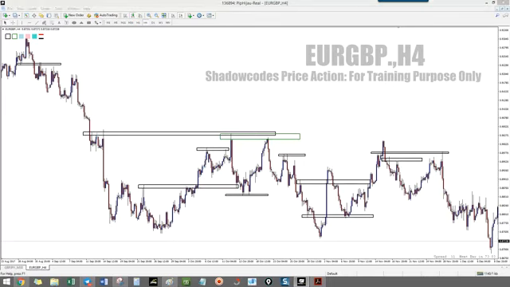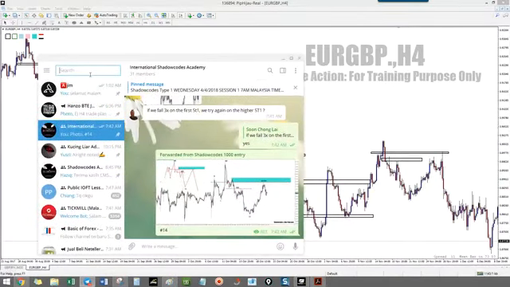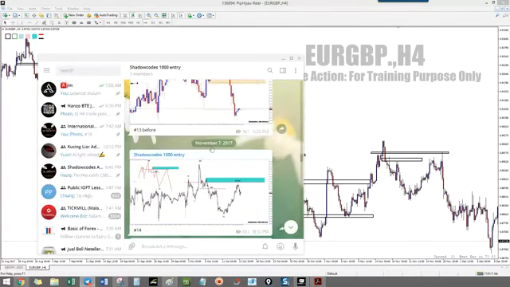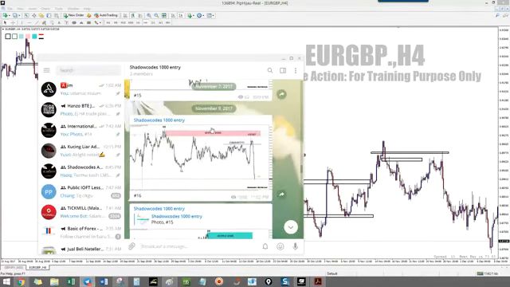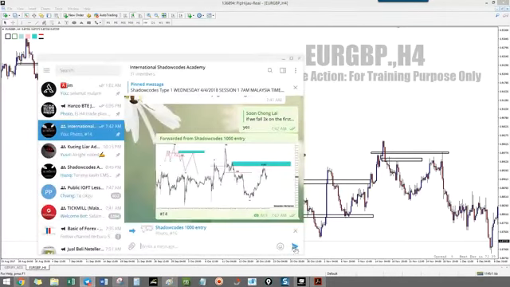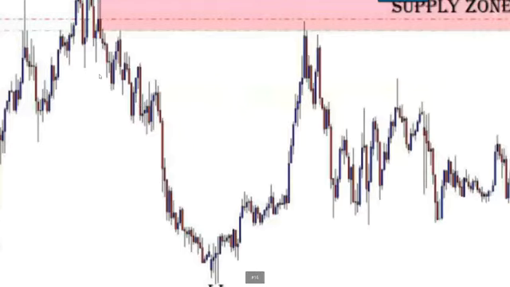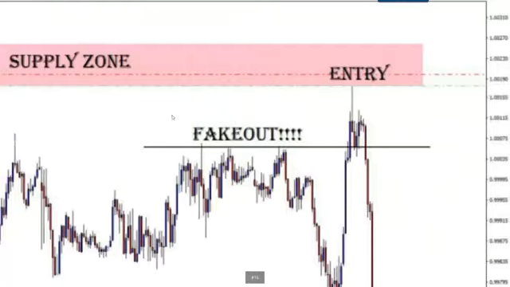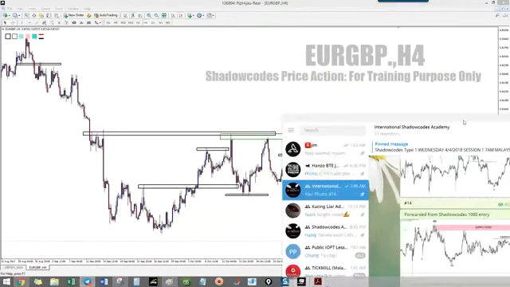So for example, this type of entry, 1000. Okay. So this is also set up using Shadowcodes. Okay. So this is an example of entry.